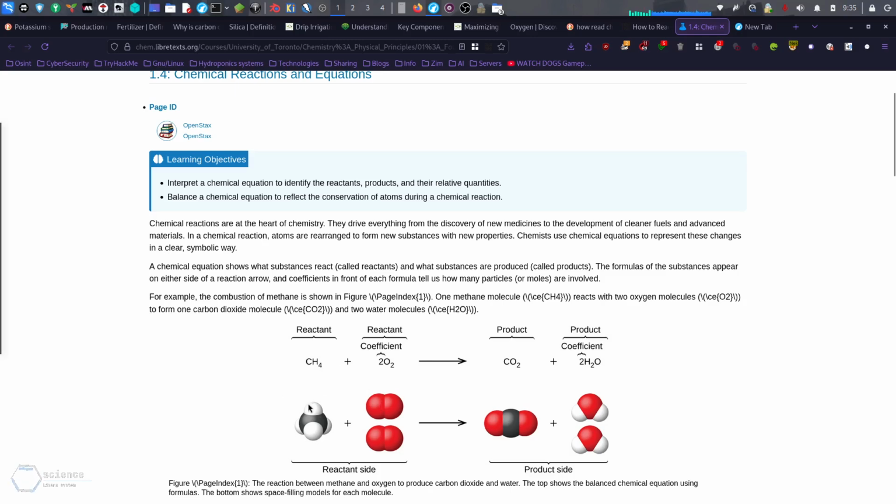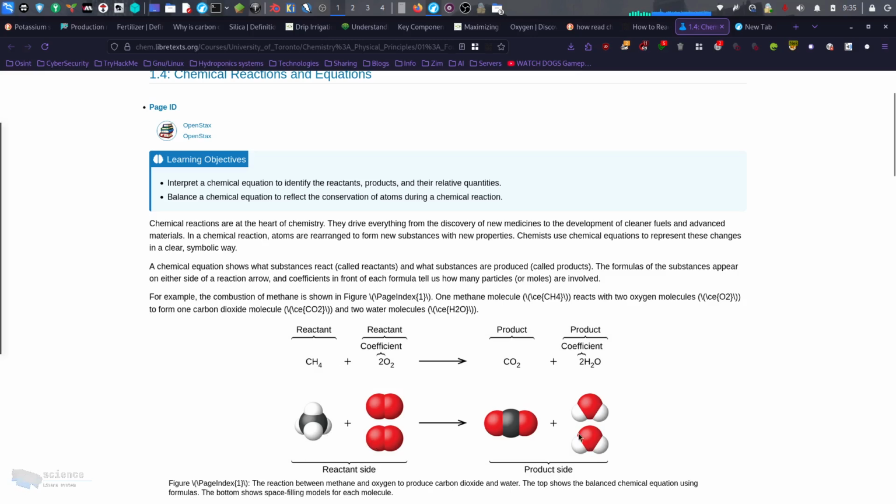CH4: four hydrogen atoms and a carbon atom, plus 2 oxygen. These are rearranged. These two atoms are connected to the carbon, see this? And these hydrogen atoms are connected to these.